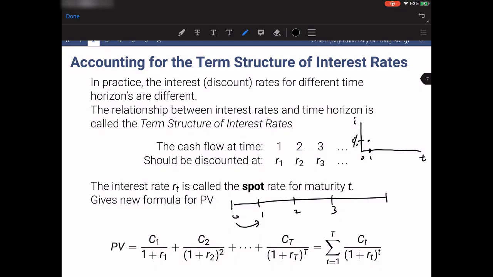Okay, same thing for 2 years out. You're looking at the investment return from 0 to 2 years. So for example, if you had $1, you lent it out to somebody at time 0, 2 years later, you get your $1 back plus some riskless rate. And suppose that interest rate that you get at the end of 2 years is 2%, for example.